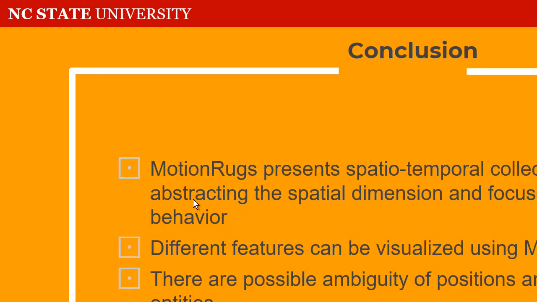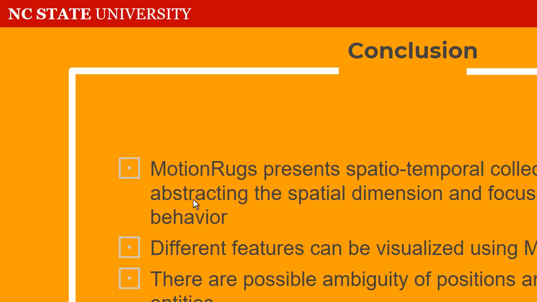And the conclusion of this paper is that motion rugs present spatiotemporal collective data by abstracting the spatial dimension and focusing on overall behavior. And different features can be visualized using motion rugs. It can be speed, it can be acceleration, it can be heading change, and also the distance of each fish from the centroid in one frame.